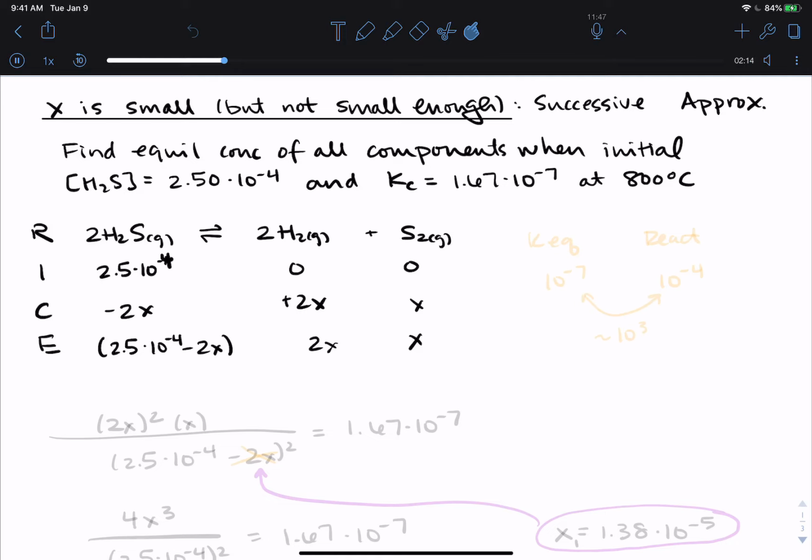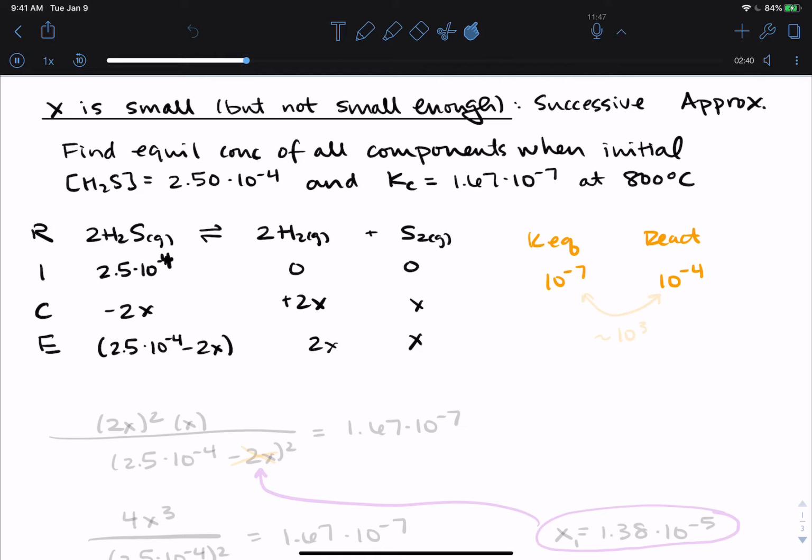But I mean, I'm close to equilibrium, potentially. So let's do the same comparison, right? My KEQ is on the order of 10 to the minus 7. My reactant concentrations are on the order of 10 to the minus 4th. So small KEQ, I'm only going to make a little bit of product.